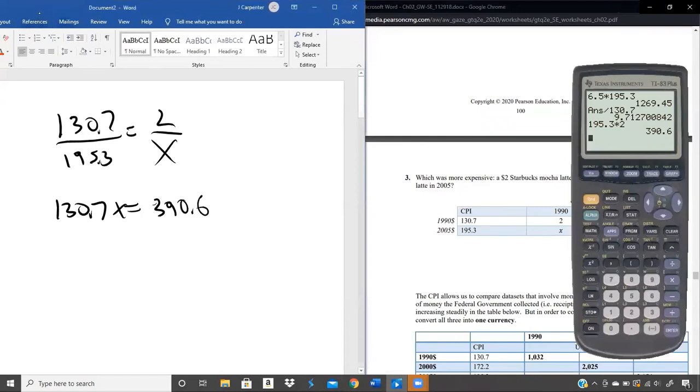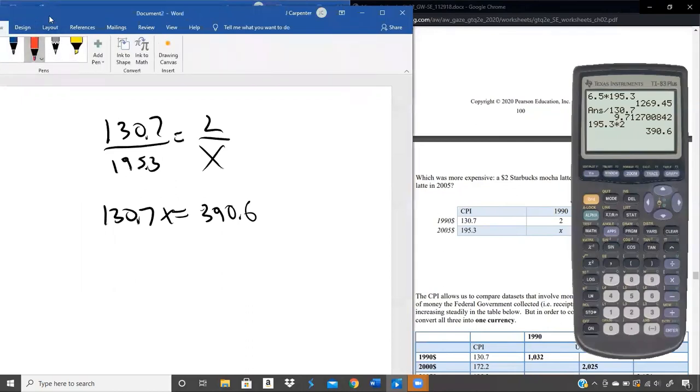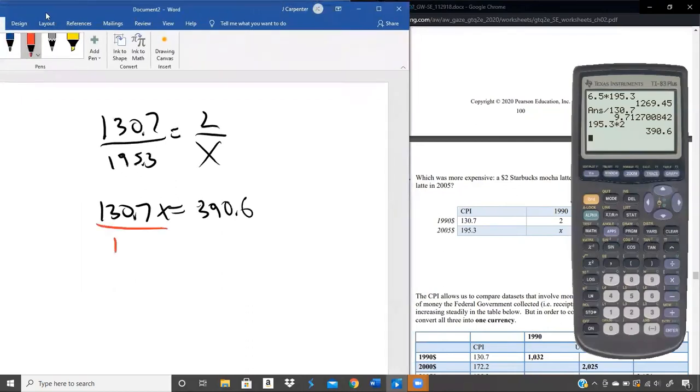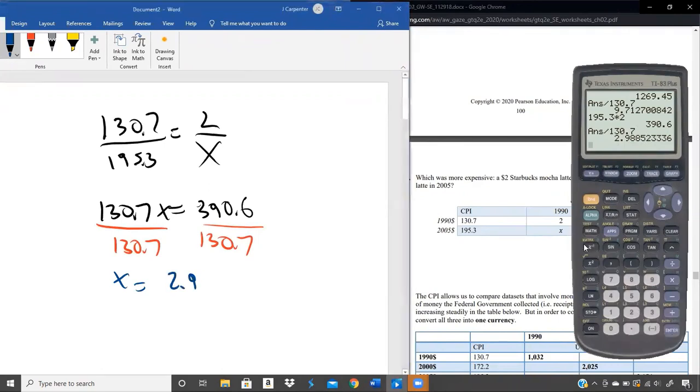Then you're going to divide both sides by 130.7. That gives us X equals 390.6 divided by 130.7. We get X equals 2.988. So rounded to the nearest penny would be 2.99.